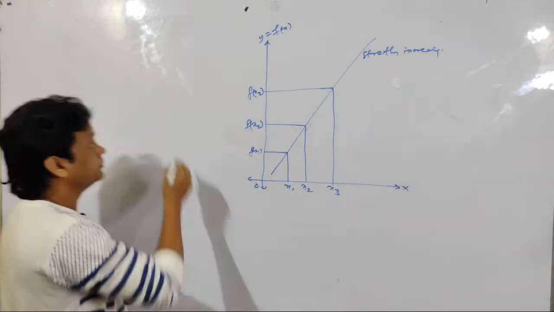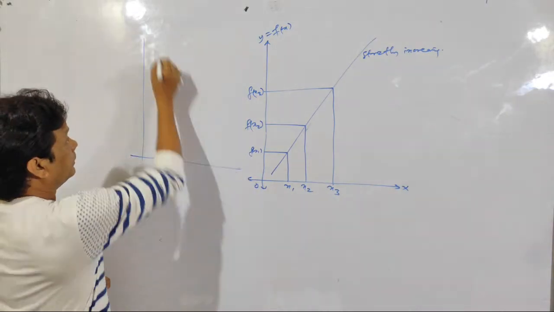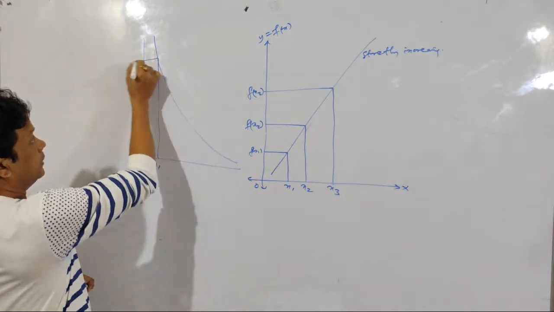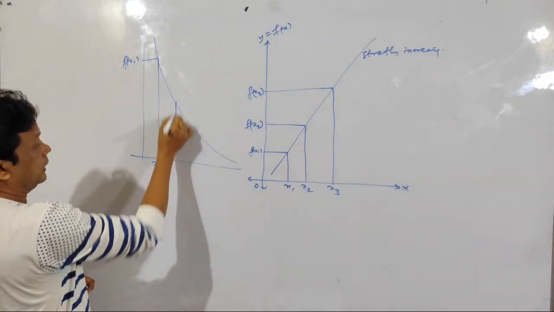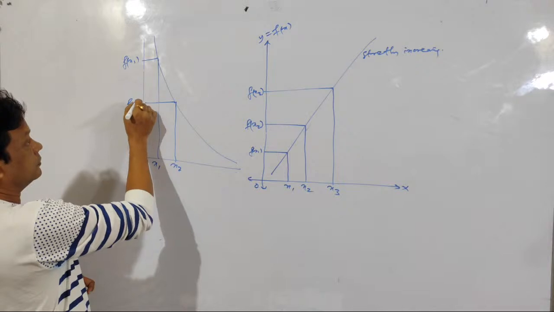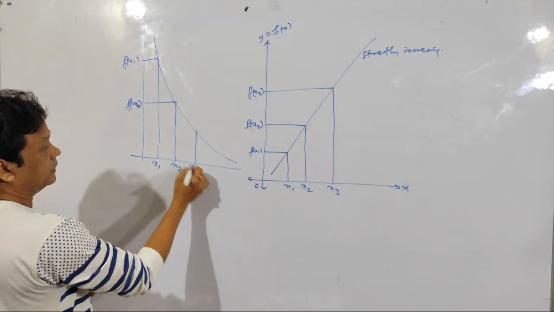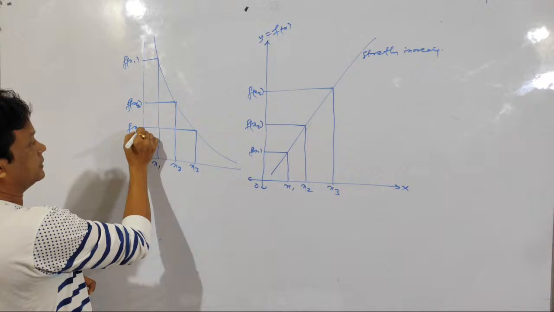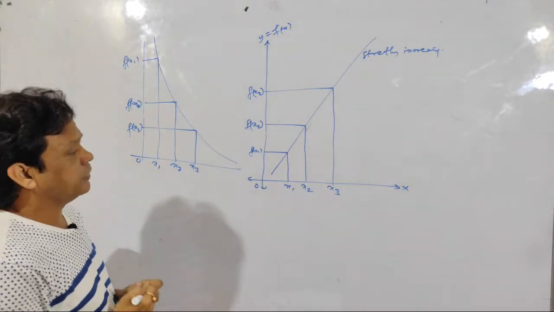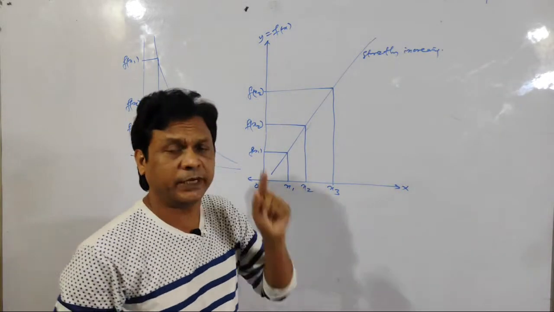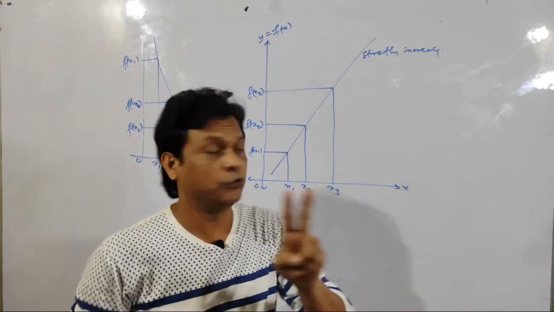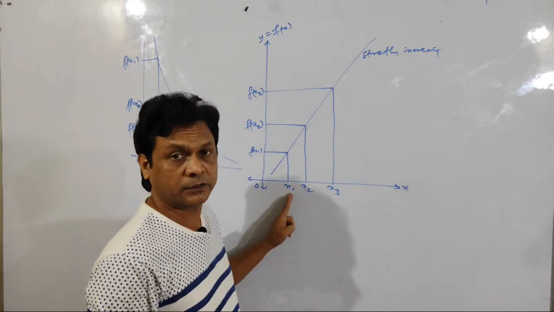See here, if the graph of the function is like this, if this is x1, this is f of x1, and if this is x2, and this is f of x2, and if this is x3, this is f of x3. Clear? So that means for each value of x, you are getting a unique value of y, not two values of y for each value of x.